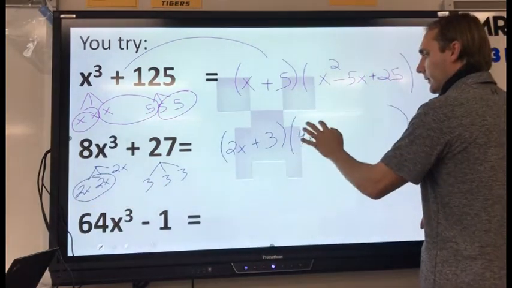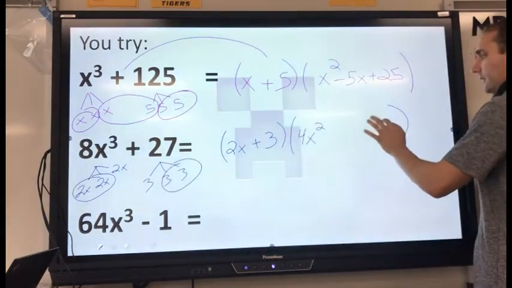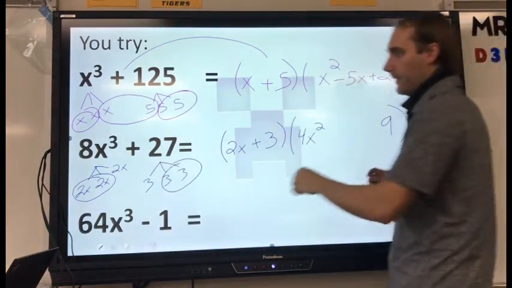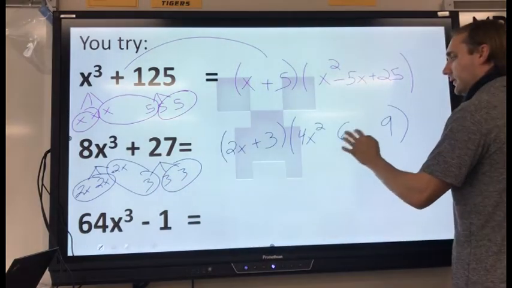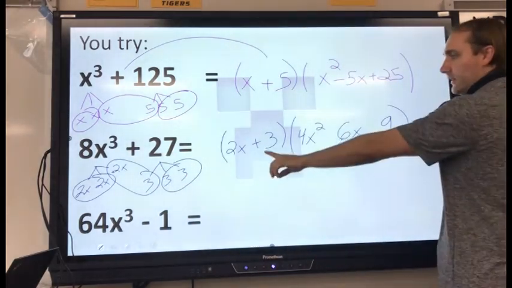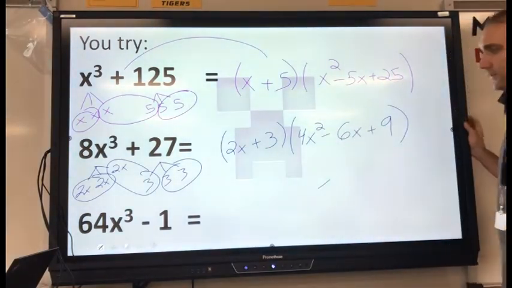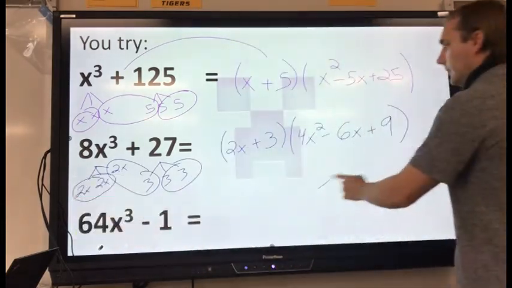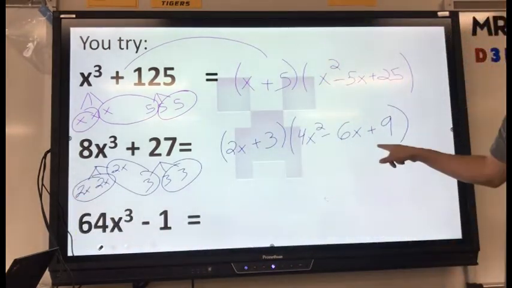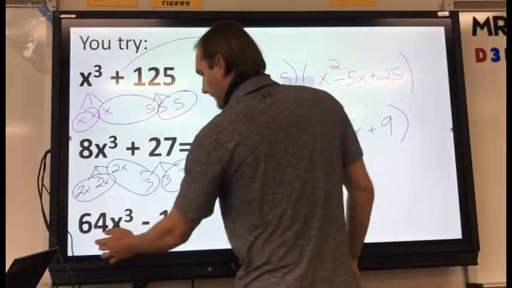Very good, 4x squared. Last part is my last 2. 3 times 3 is 9. And then my middle, 2x times 3 is 6x. Have I used my negative? Nope. First option, there it is, and a plus. So here's that one factor. How did you do here? Do we get it? Pretty good.